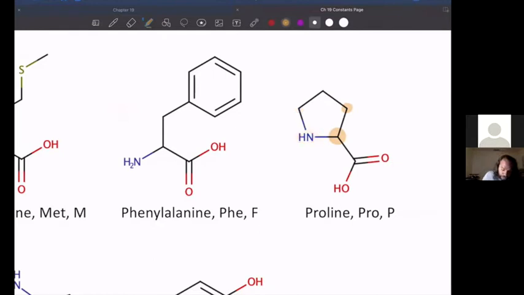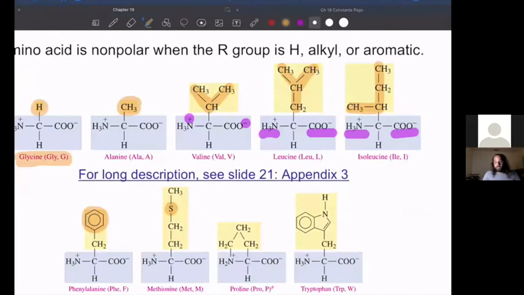Prolines are considered nonpolar groups. They also tend to be found at very rigid points of the molecule. Unlike some of these other amino acids that can rotate freely, proline is locked in a particular orientation because of that ring. So it's usually present at certain turns within the protein structure. It's the only one that's like that, but it is a little weird and something to keep in mind.